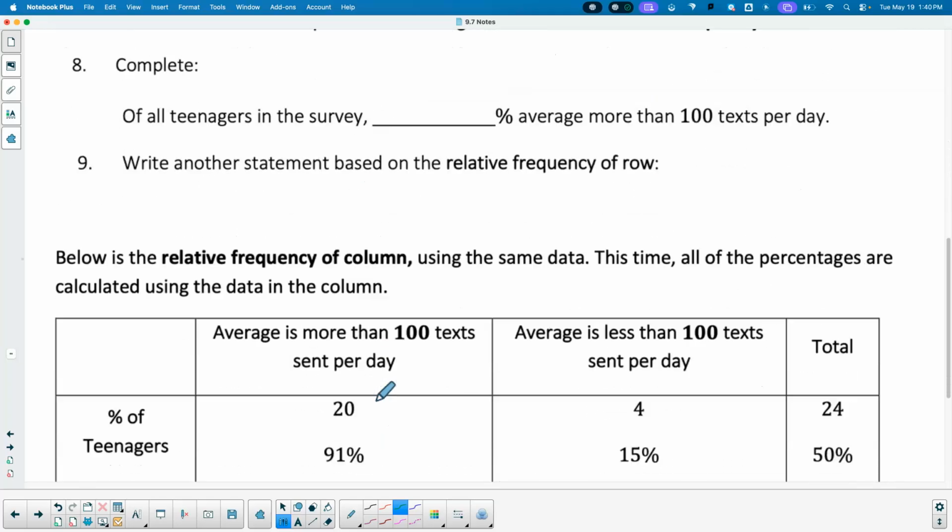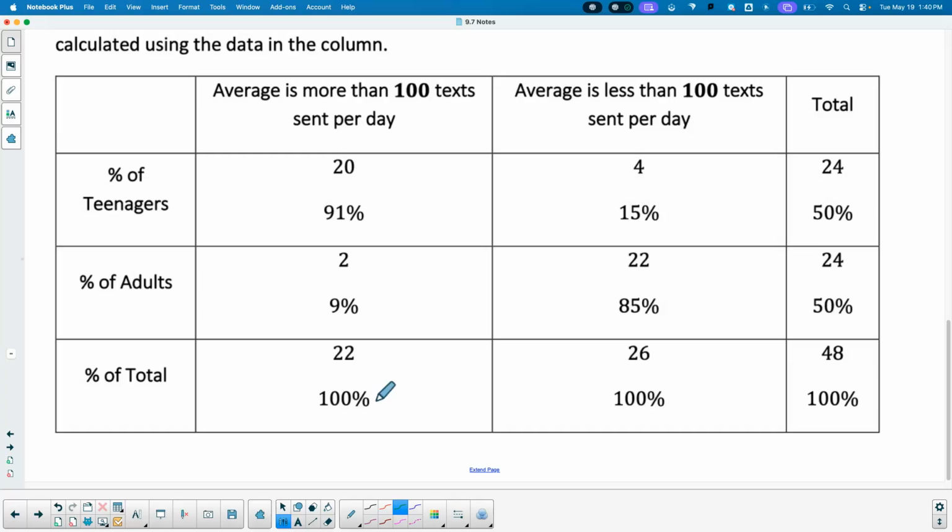So now let's spin it around and let's go of the column. Okay, so now this would be 20 divided by 22 and 2 divided by 22. Because now we're going off of this number right here at the bottom of the column.